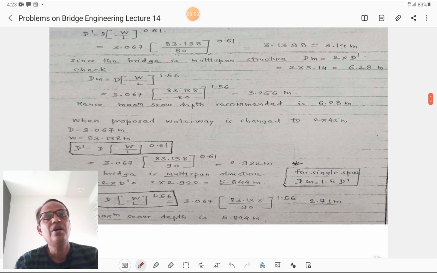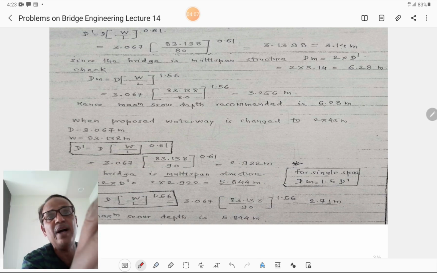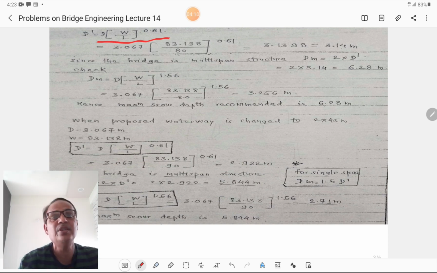Then the maximum depth of scour for the contracted waterway is calculated as D dash is equal to D into (W by L) raised to 0.61. What is D? That is 3.067. We calculated that. What is W? We calculated that, 83.138.